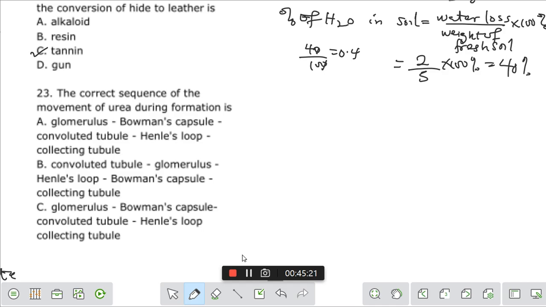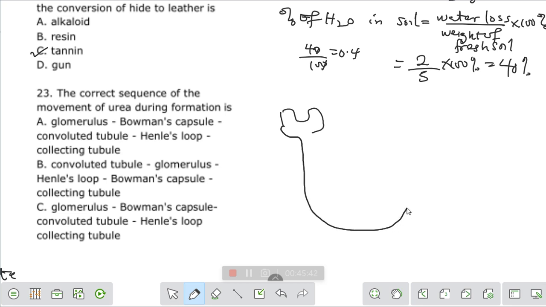Do you remember? So this place is where we have the glomerulus, that is a collection of capillaries. This is your Bowman's capsule. Do you remember what I said? After the Bowman's capsule, you have the convoluted tubule.